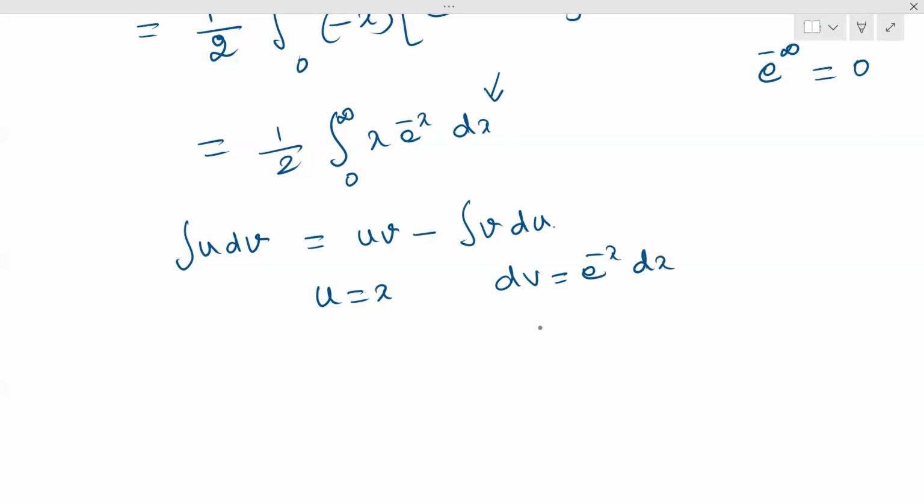So du is dx. To find v from dv, we integrate, so v equals e power minus x into minus 1.